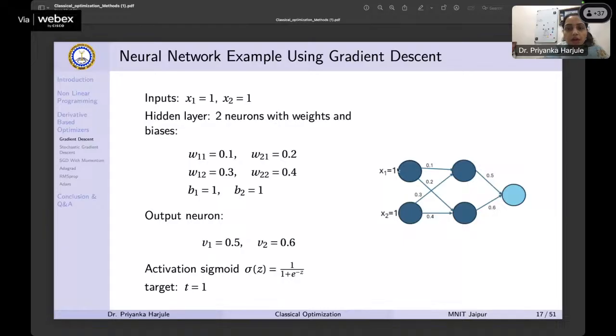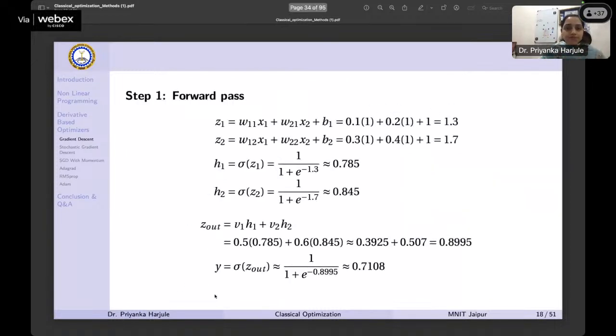B1, the bias for the first one, is 1, and the bias for the second one is 1. That bias we are assuming as 1, and the second set of weights that are connecting the hidden layer with the output, we are assuming to be 0.1 and 0.6. And the nonlinearity, the activation function that we are taking, is the sigmoid function. The label, or the correct output that we have, is t equal to 1.